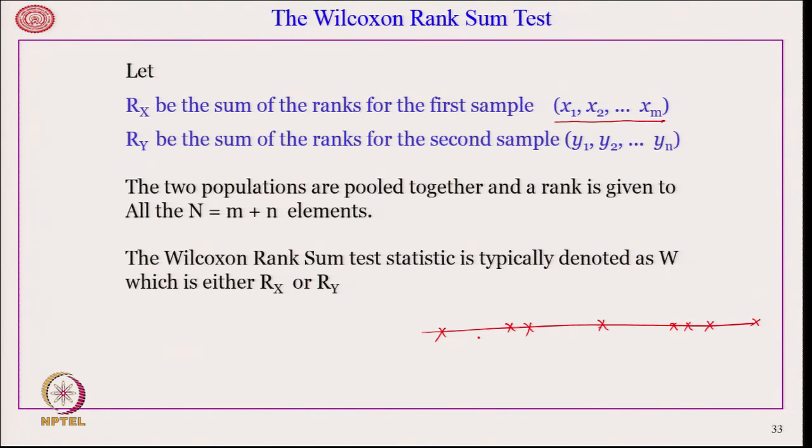Therefore, their ranks are not in continuity like 1, 2, 3. Therefore, we just consider the ranks of these observations and sum them up, that is going to give you R x. In a similar way, the sum of ranks of the observations coming from the second sample is called R y. Together they have capital N many elements, and the rank sum statistic is going to be called W, which can be R x or R y.